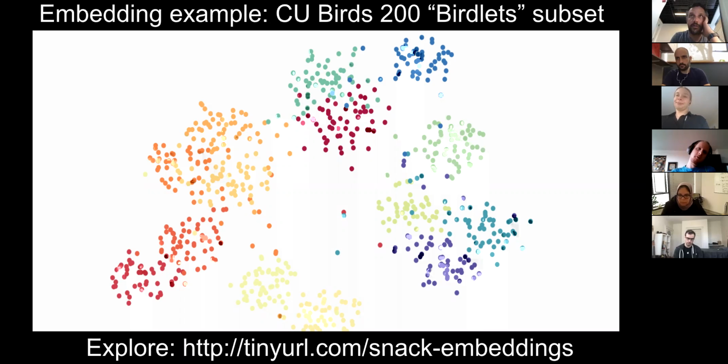You take a large data set of 200 species of birds, have experts annotate them, and then you want to see if perhaps they made some mistakes. So you could take that data set, throw away all the labels, and just pretend that it's an unsupervised problem. You just have images of birds.